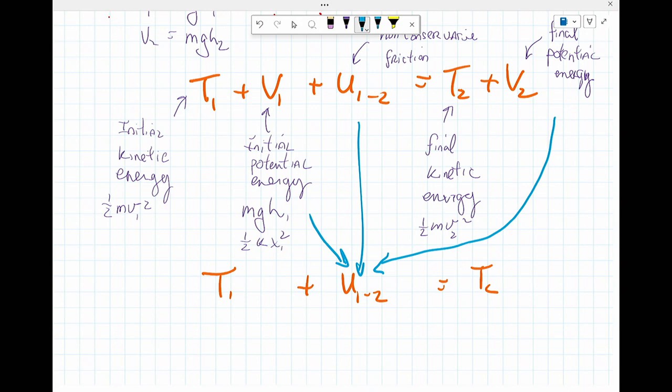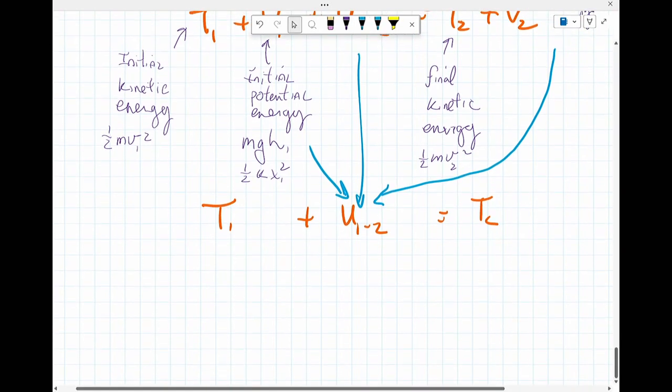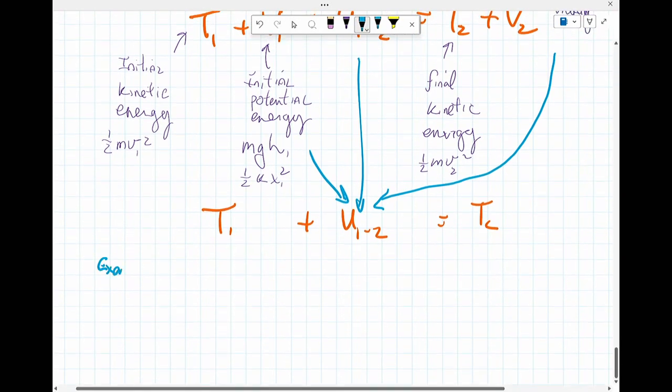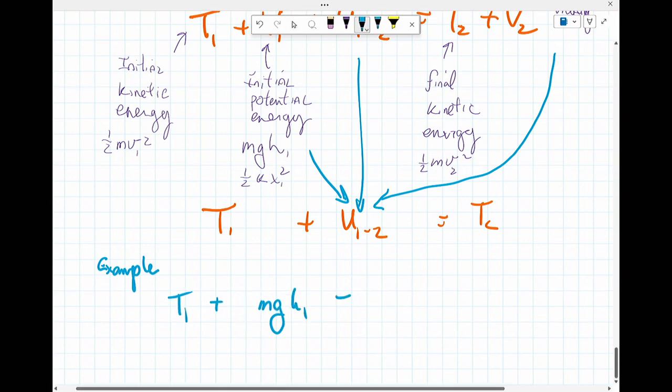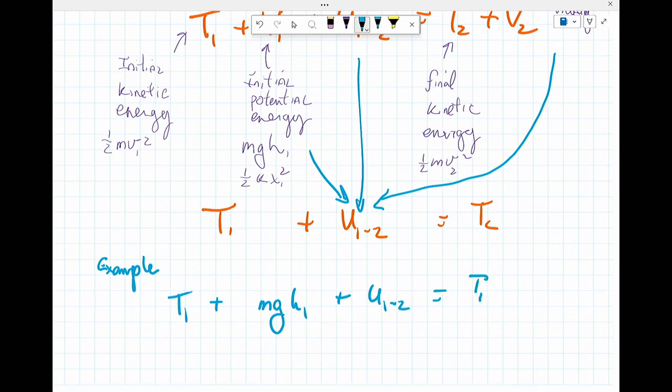And if you rewrite everything, if I take the gravitational potential energy at V1 and V2, I could say, for example, T1 plus mgh1 plus work 1 to 2 equals T2 plus mgh2.